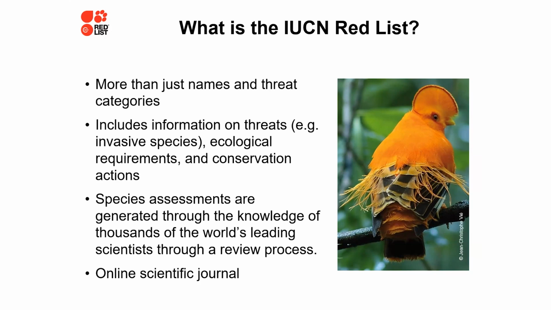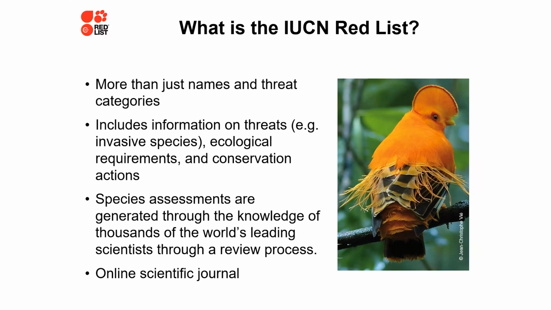The species assessments are generated from the knowledge of thousands of world-leading conservation scientists and species experts, and each assessment is checked through a review process to ensure high quality, because these assessments are used to make important decisions.